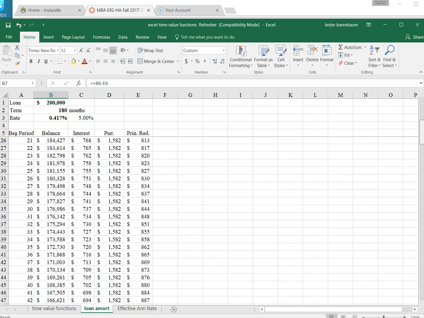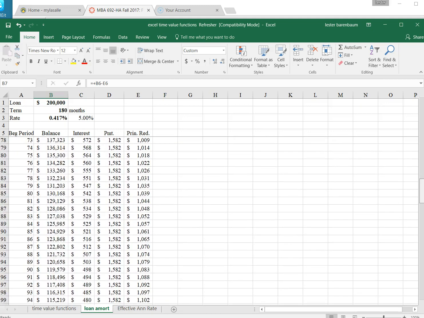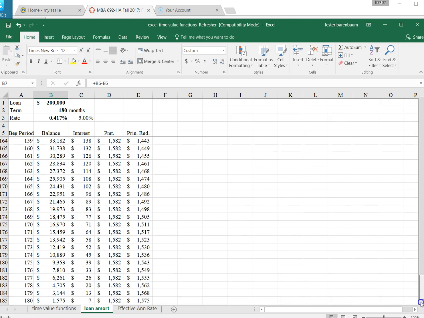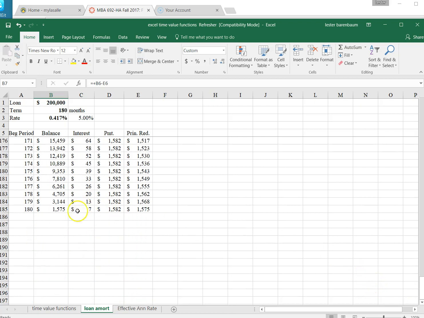Following that process for all 180 months, the loan is fully amortized at the end of 15 years with a balance in the 180th month: the payment $1,582, the interest of $7, principal reduction $1,575, and the loan is fully amortized.